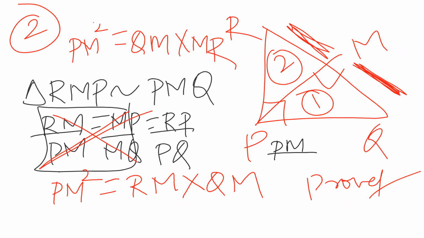We took angle P as similar, but over here it's showing that angle R equals angle P. If I'm taking this as 1, 2, 3, and 4, right? So 1 plus 2 will be 90, and 3 plus 4 will be 90, right? Yes, sir.